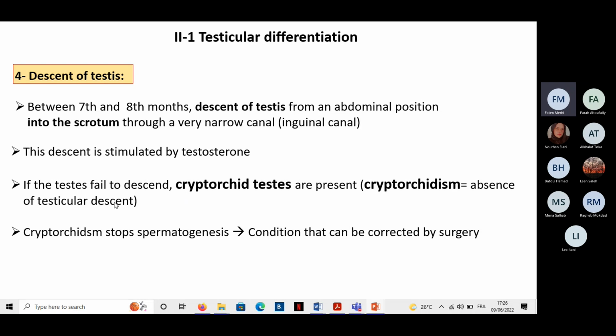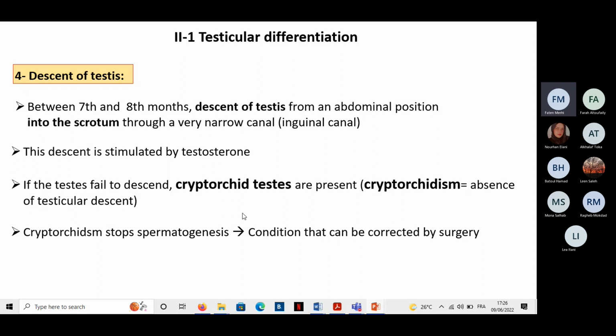cryptorchidism, okay, which is the absence of testicular descent, and the testes are called in this case cryptorchid testes. So when the testes are not descended in the scrotum, we call them cryptorchid testes, and this condition is called cryptorchidism, which means the absence of testicular descent, but this situation can be corrected by surgery.